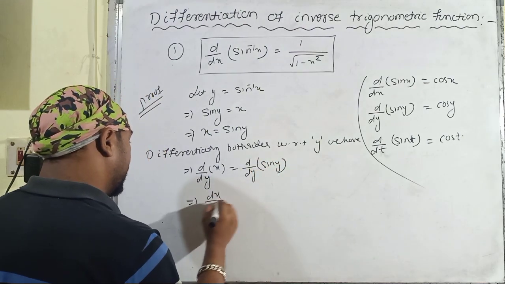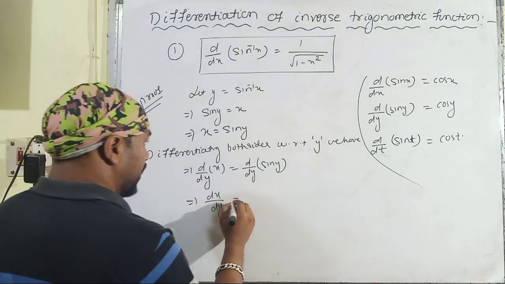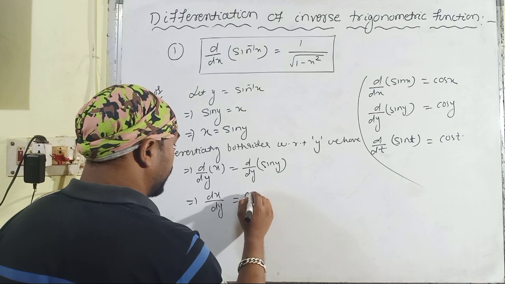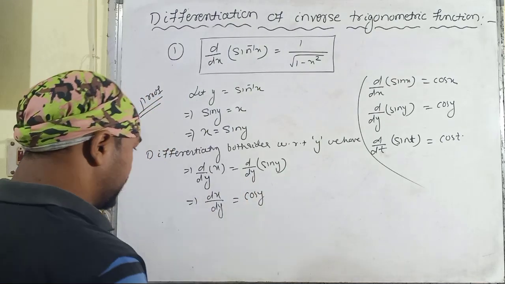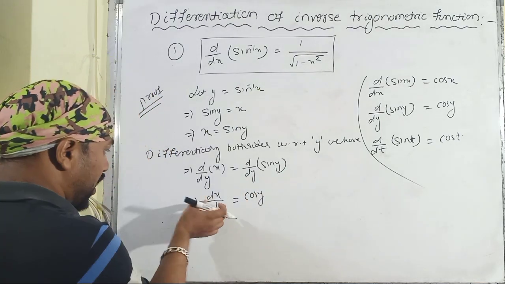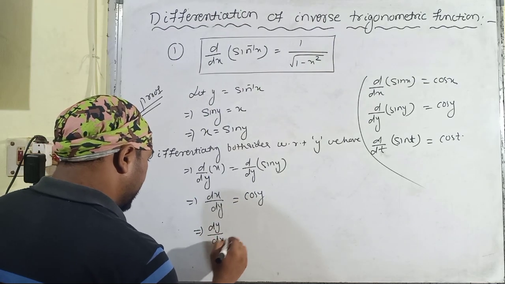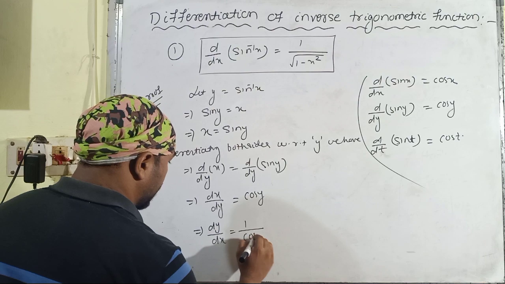dx upon dy, and the differentiation of sine y with respect to y is cos y. Just by taking the reciprocal of both sides here, we can have dy upon dx is 1 upon cos y.